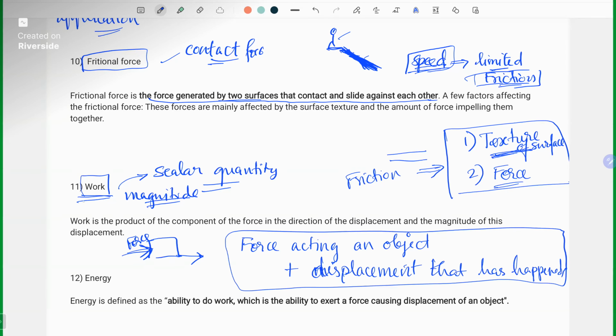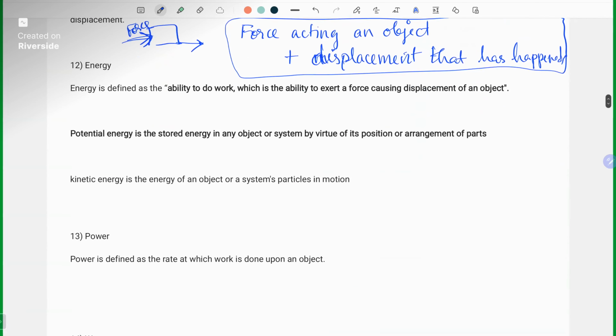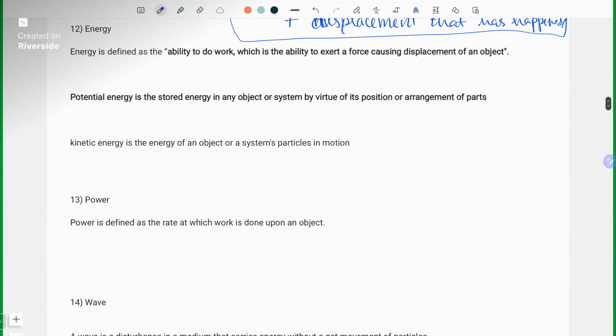Together put, that is work. Work done na adudha. So work is basically force into the displacement that just happened. Just note down this formula and have it in mind. Just don't go through the definition each and every time. Okay. We'll go into power and we'll come to energy after that.